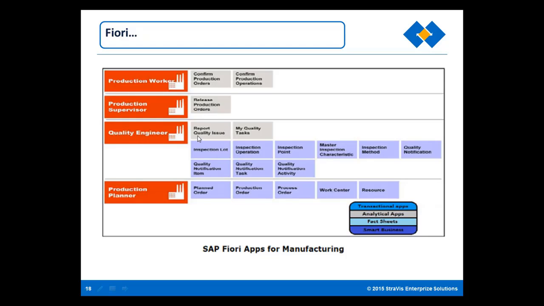A quality engineer can report quality issues, my quality tasks, inspection lots, inspection points, master inspection characteristics, quality notifications and so on. And a production planner can have planned order, production order, process order, work center, resource, sort of transactional apps. So many things you can have.